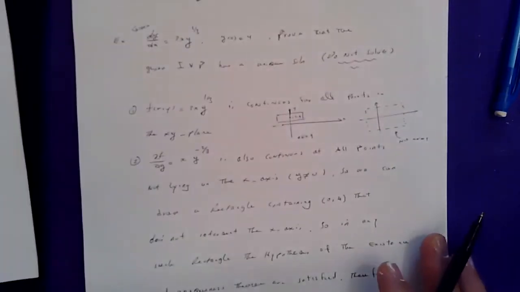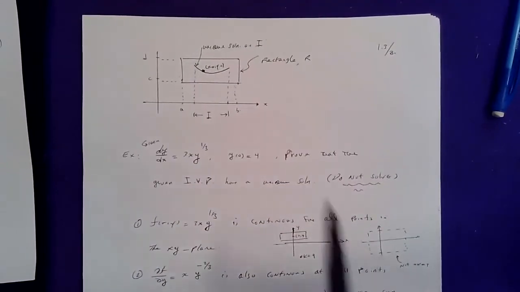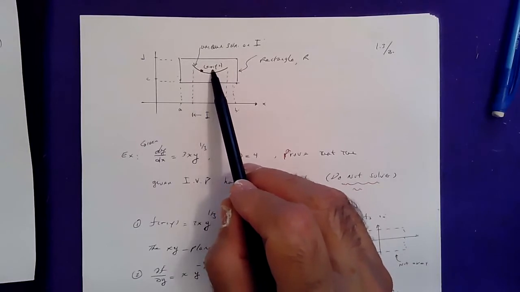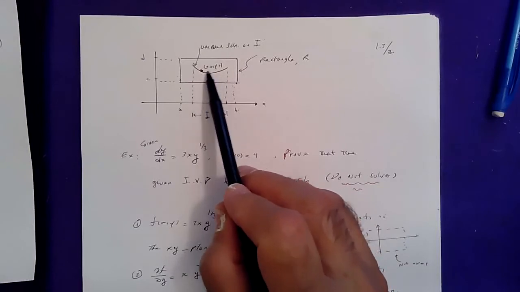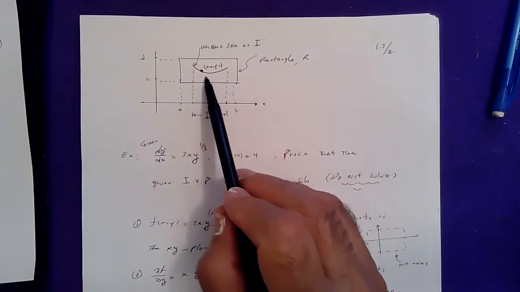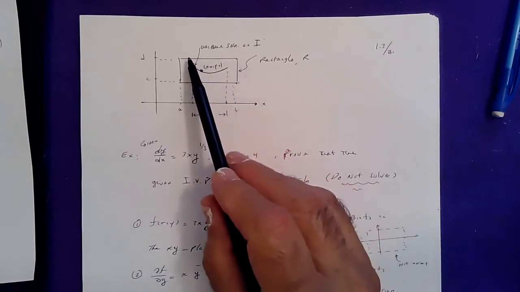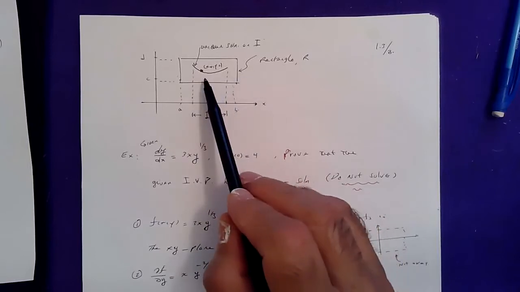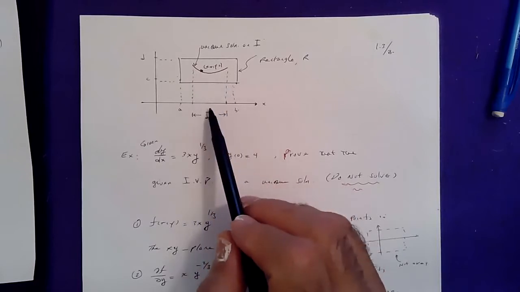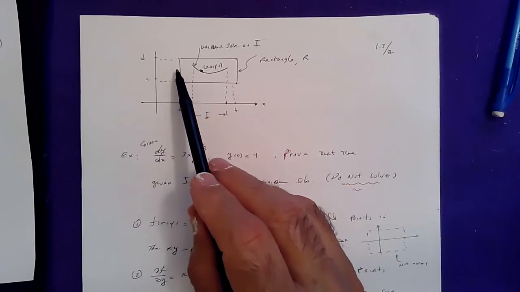So what does that mean? That means if the conditions of the existence and uniqueness theorem are satisfied, then for the interior point x0, y0, our solution crosses that point only once, and all that happens in a rectangular region R, which is bounded by x between a and b, and y between c and d.